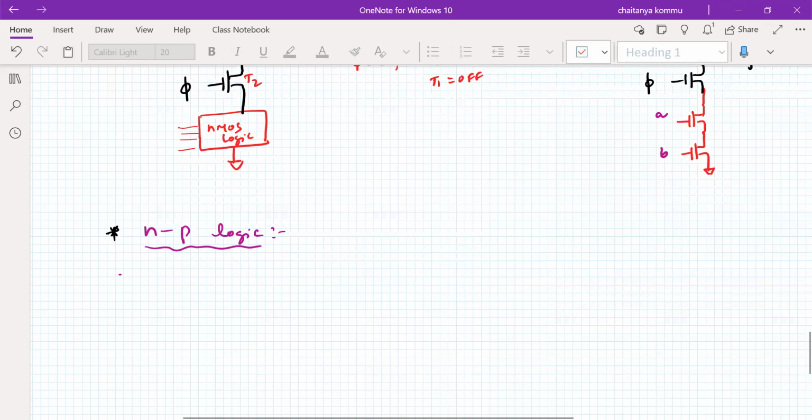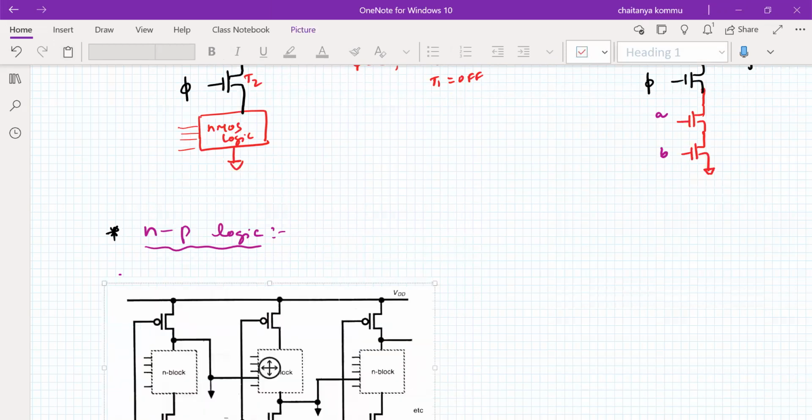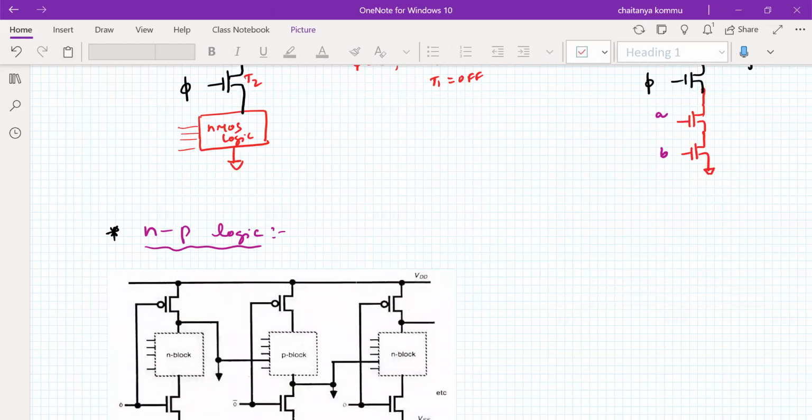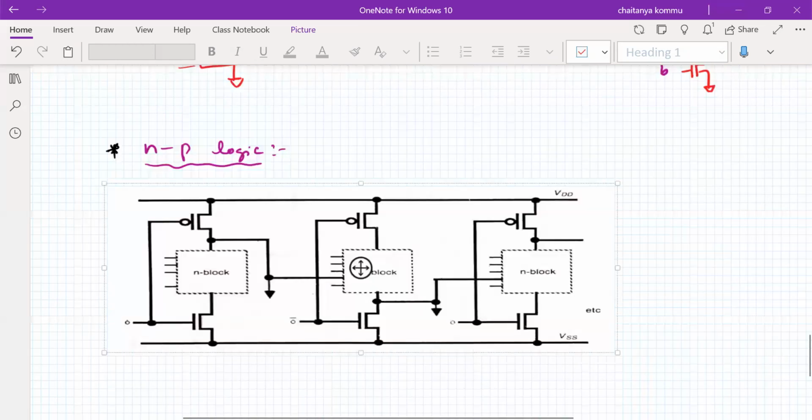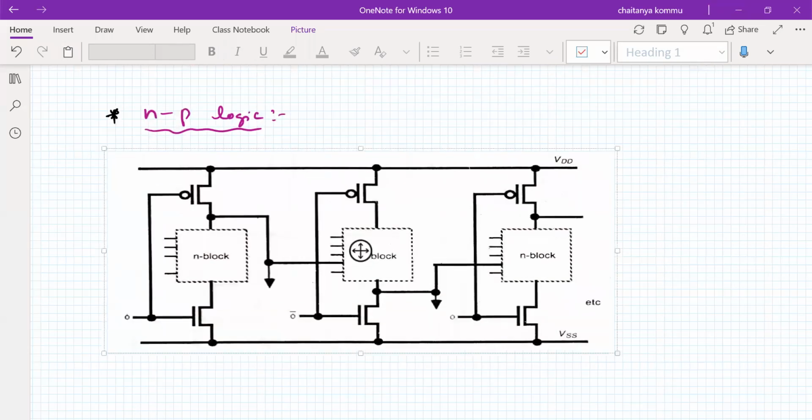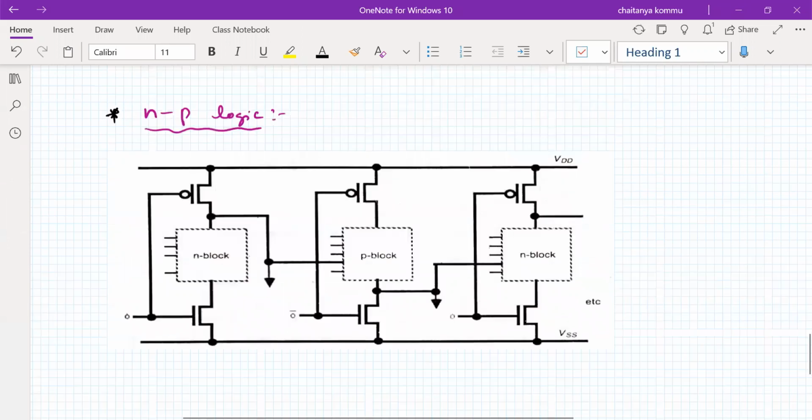This is what we normally write as NP logic. It is simply dynamic logic only, dynamic CMOS only.